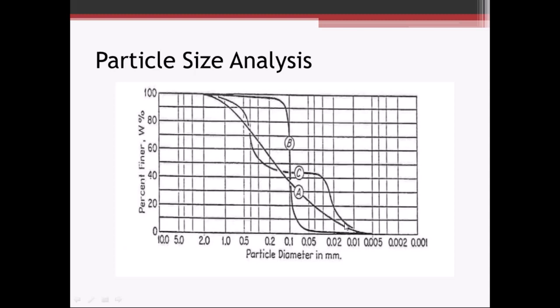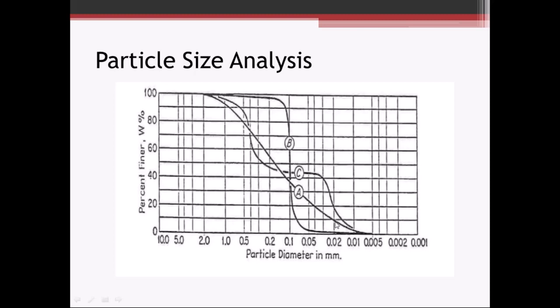Well, soil type A, this generally indicates a well-graded material. If you can envision a garbage can, if we were to fill that garbage can with marbles, golf balls, baseballs, softballs, basketballs, you basically have a well-graded mixture.